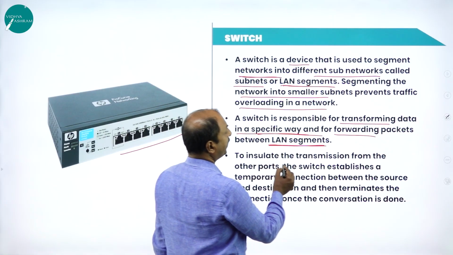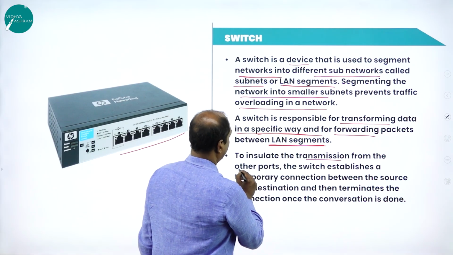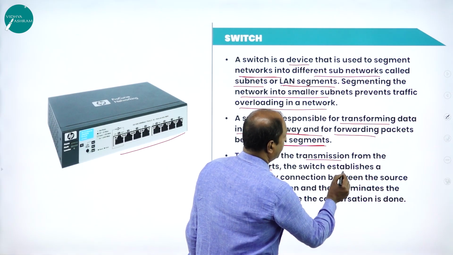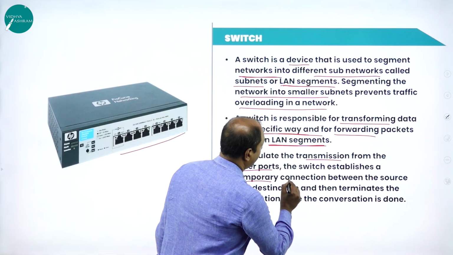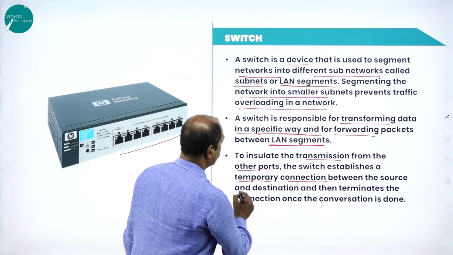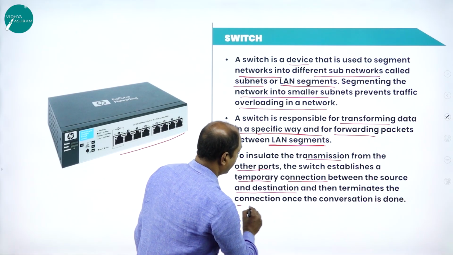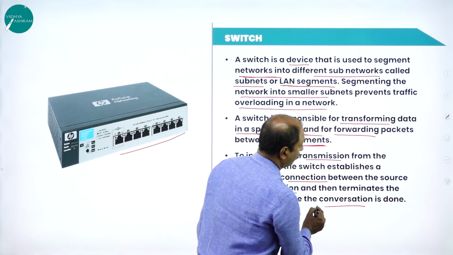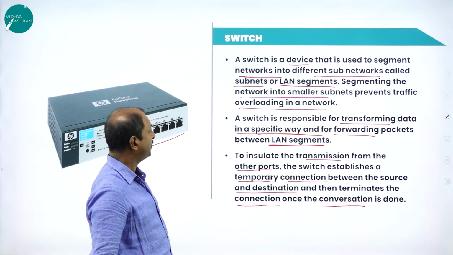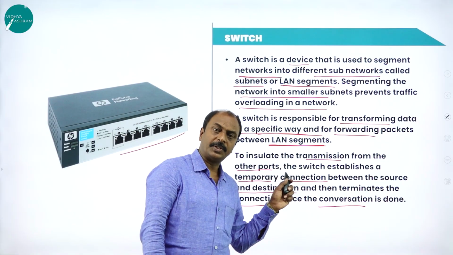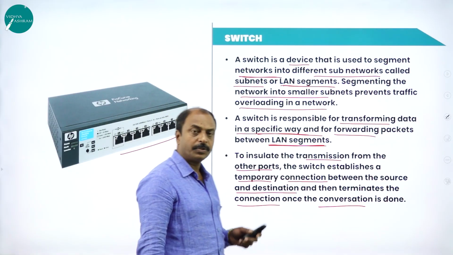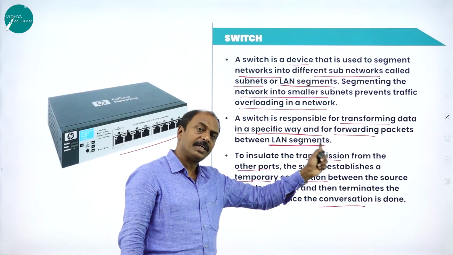Now, to insulate the transmission from the other ports, the switch establishes a temporary connection between the source and destination computer and then terminates the connection once the conversation is done. So another responsibility is that it is going to transfer the data to the specific destination.